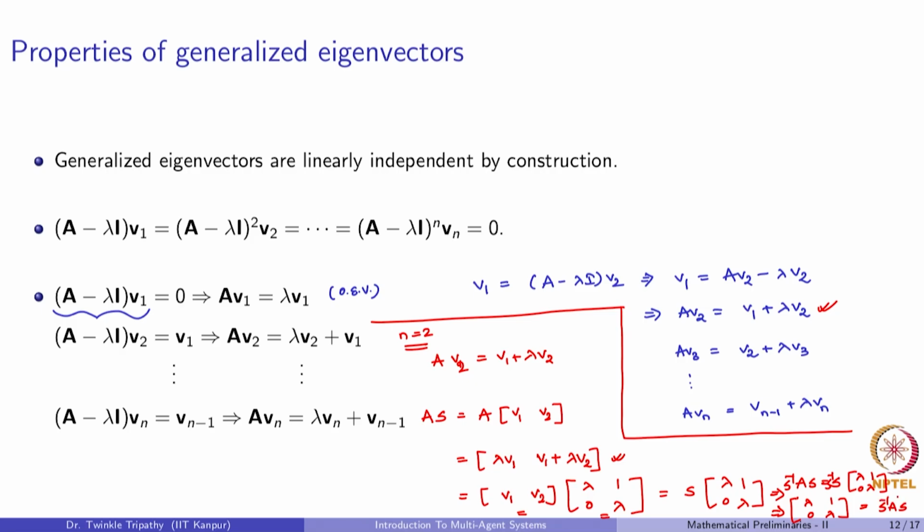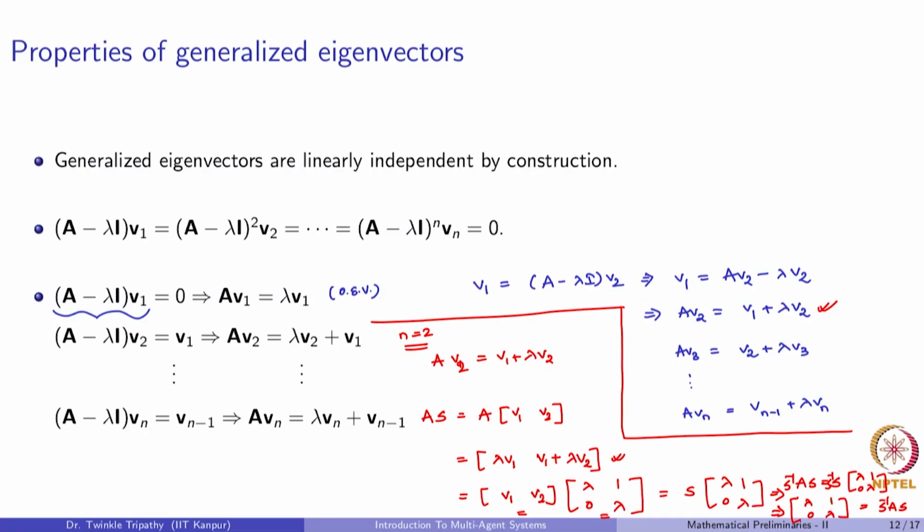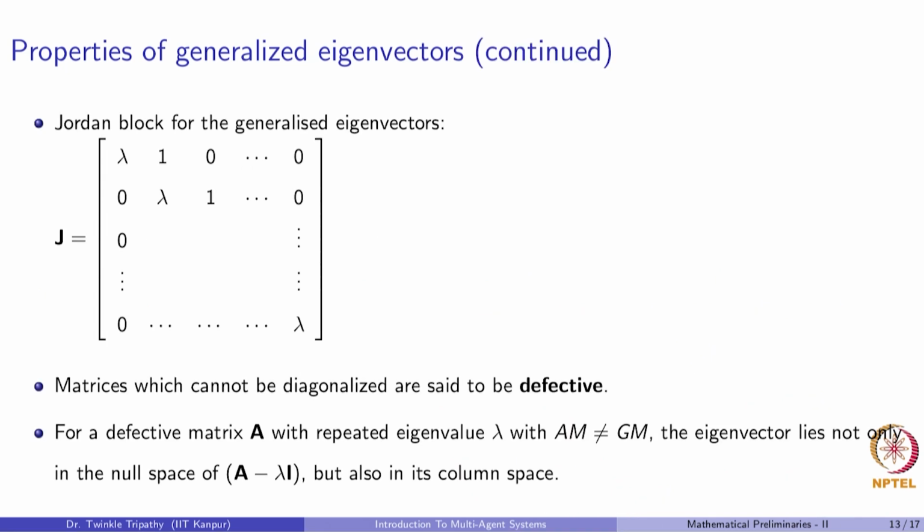So what do we see here? We observe that the Jordan matrix is no more diagonal in nature. The superdiagonal element here actually has a non-zero entry which is equal to 1. If we repeat this process for larger matrices, then we get this neat form.